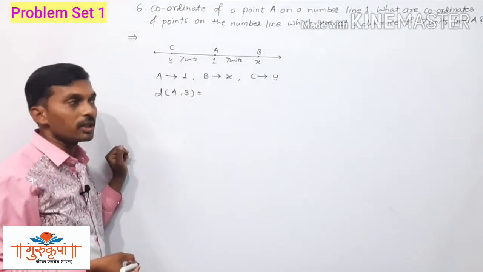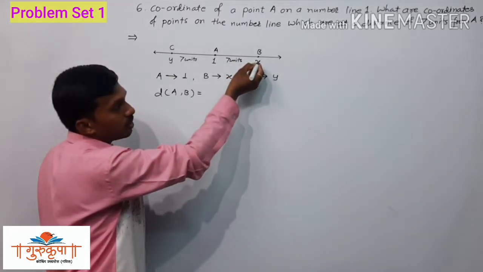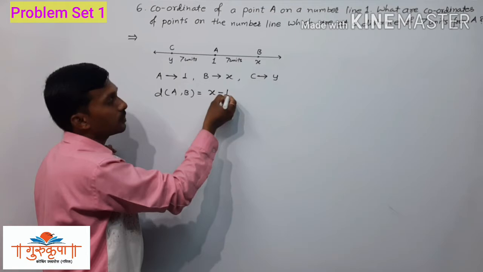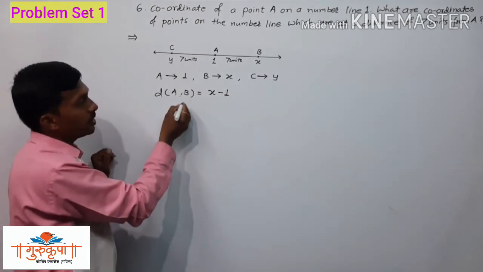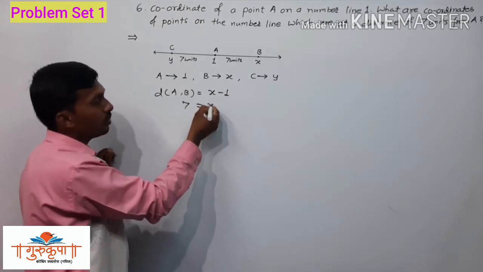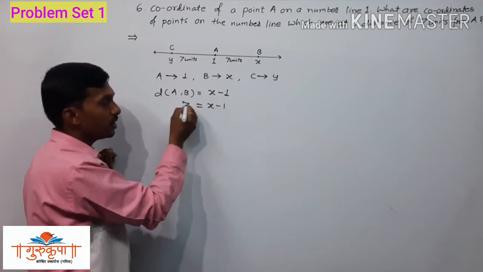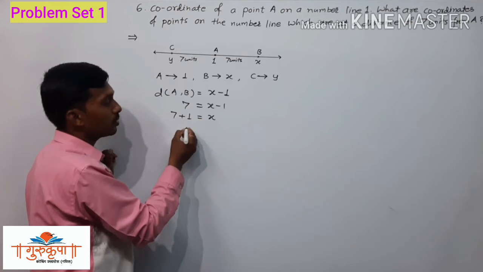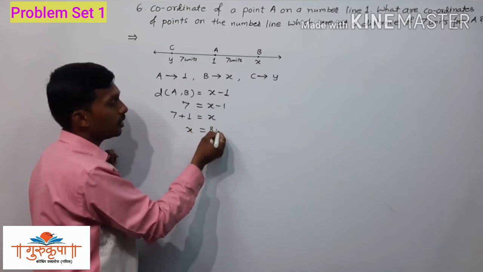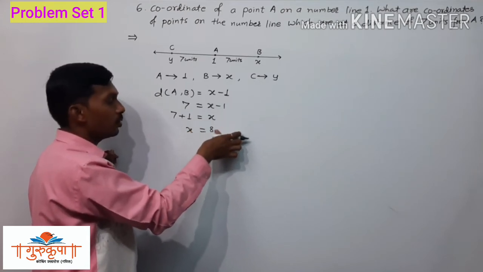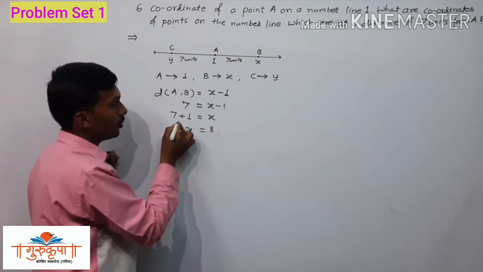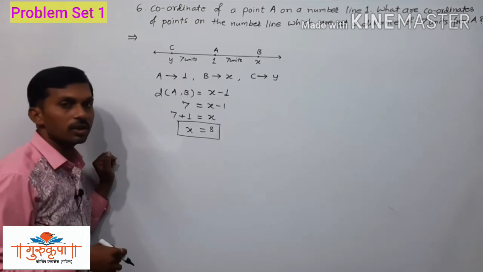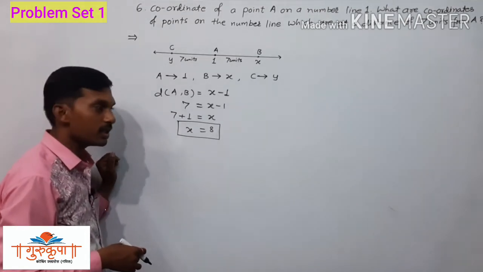That is bigger coordinate minus smaller coordinate. Bigger coordinate is x and the smaller coordinate is 1, so x minus 1. Now distance AB is given 7 units, so 7 is equal to x minus 1. We will transfer this minus 1 to the left side, we will get 7 plus 1 is equal to x. So we have x is equal to 8, that is the coordinate of the point B.